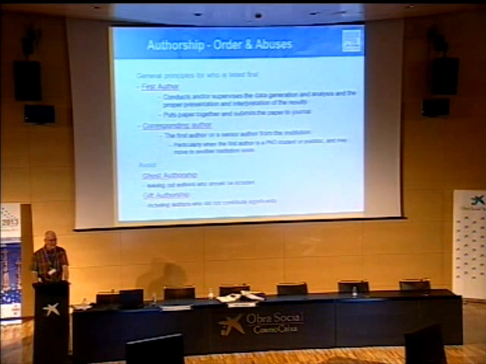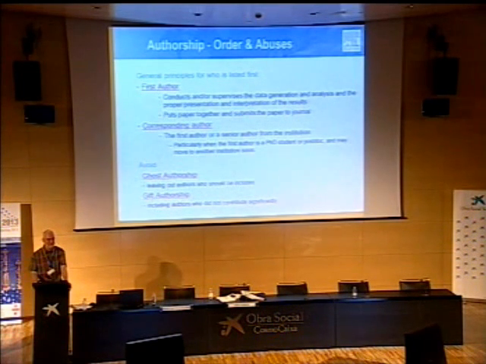The first author is typically the person who came up with the idea for the study, who wrote most of the article, who probably did most of the analyses or had the analyses conducted for them. The corresponding author may or may not be the first author. Typically, it may be the research supervisor.